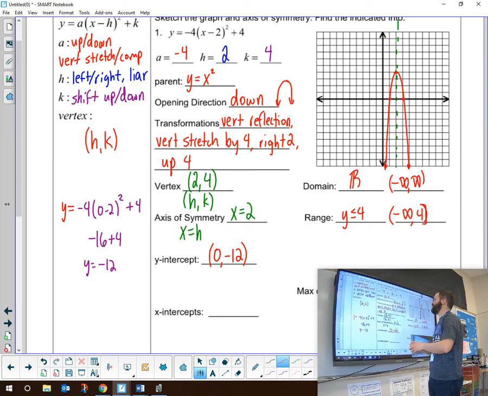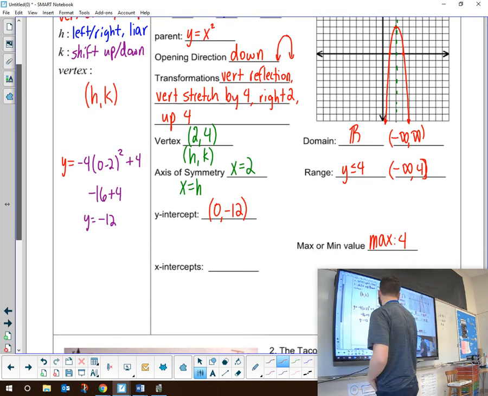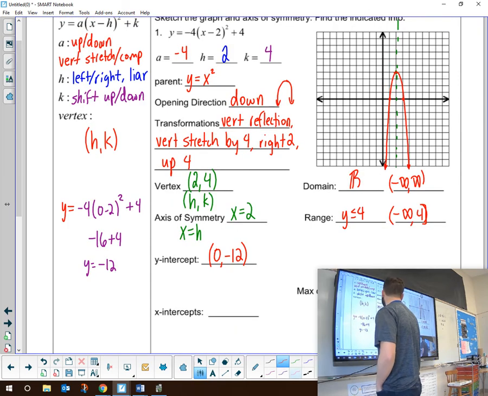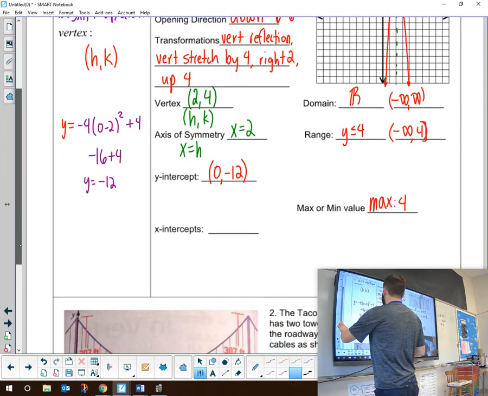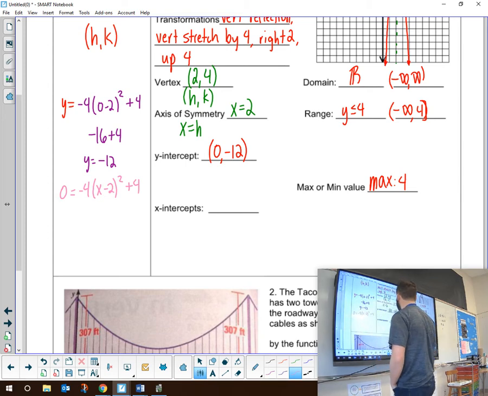Now let's talk about how to find our x-intercept. So our x-intercept is going to be where y is 0. This one's a little bit more complicated, but all we're going to do is plug it in, and we're going to have 0 equals negative 4 times x minus 2 squared plus 4. And this is just like what we've been doing, right?